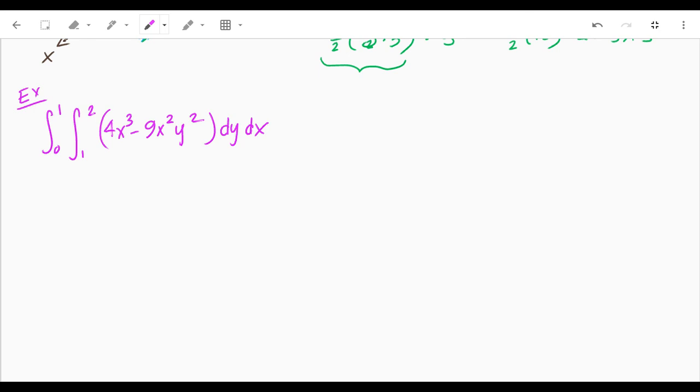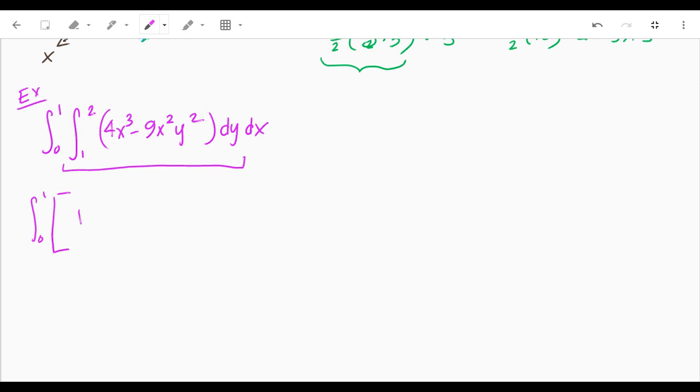Okay. All right. Now, if you're still listening, I hope that means that you were just paused for a few minutes. Okay. So the way we do this is we go from the inside out. We're going to integrate with respect to y, treating x as a constant. So think about this, and I'm just going to leave the 0 to 1 out here. Okay, so 4x cubed, that's a constant.